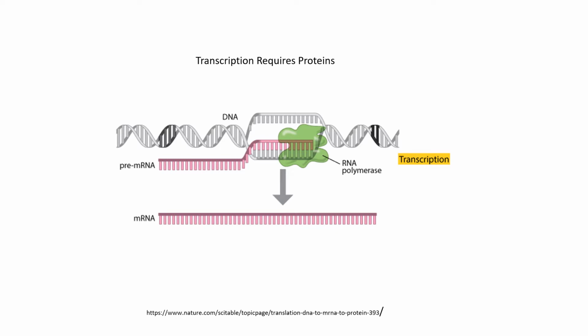And this process requires proteins. It, in fact, requires a lot of proteins. And in this slide, you're seeing just one of the main proteins called RNA polymerase that turns DNA into RNA. But the take-home message is that the transcription of DNA to RNA requires proteins.